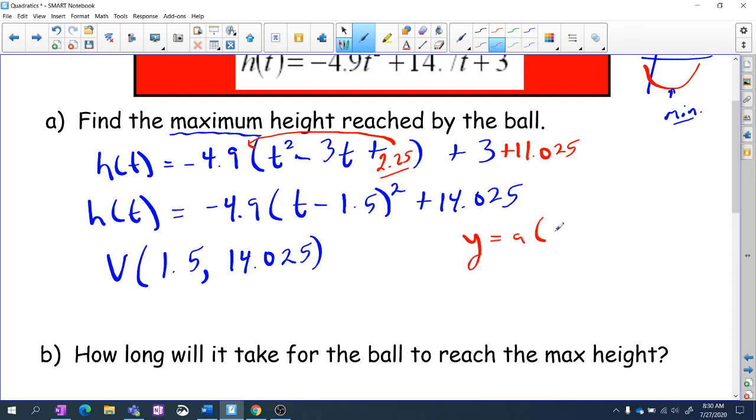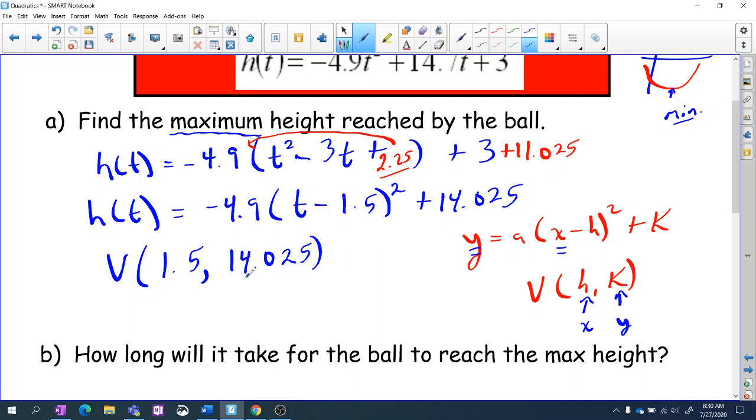So here's your regular vertex form. y equals a times (x minus h) squared plus k. And our vertex is h, comma, k. The h is associated with the x, and the k is associated with the y.